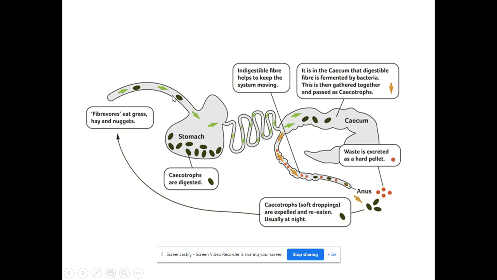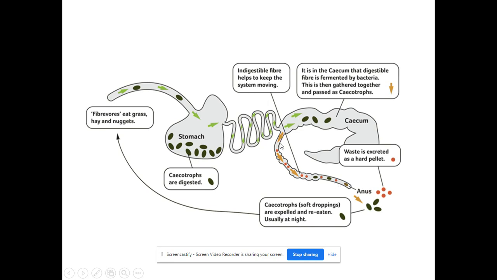They eat the grass, it moves through here, through all of the small intestine where absorption usually goes on, and then it pops into the cecum. The cellulose digesting bacteria break down the cellulose, but unfortunately by this point there isn't anywhere to absorb it, because the absorption part was here.